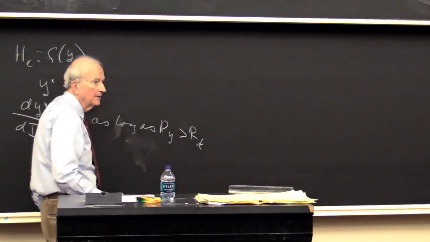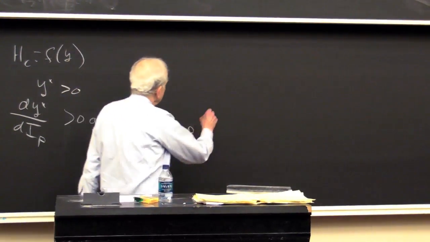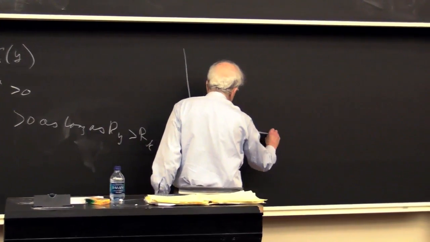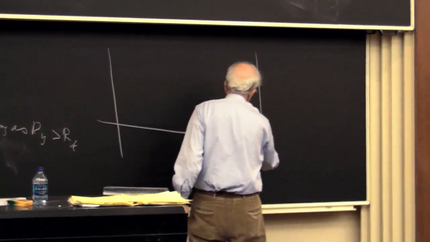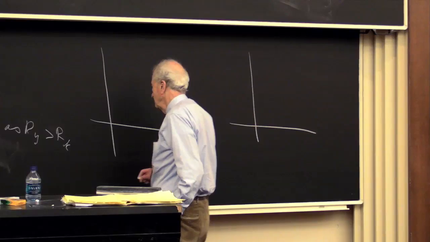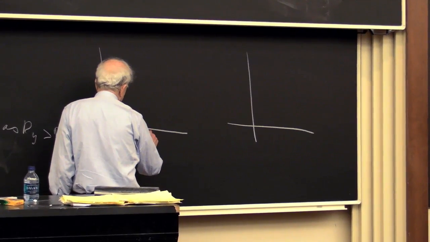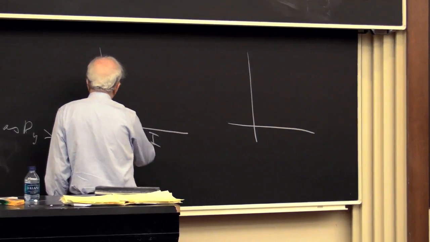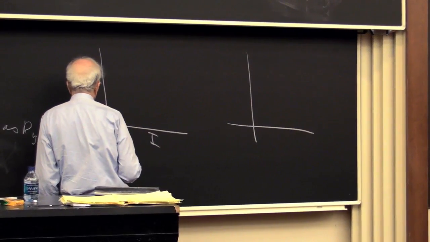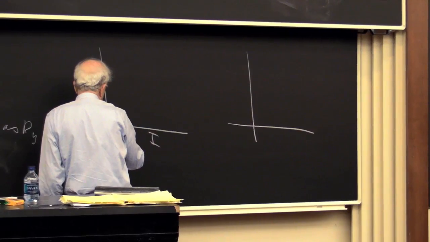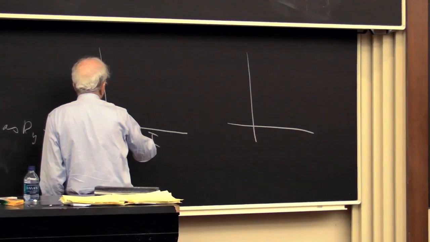All right. So now let's draw a chart like the following. I have two of them. Here's income. Here's Y. What happens? Maybe it starts from 0 and goes up.